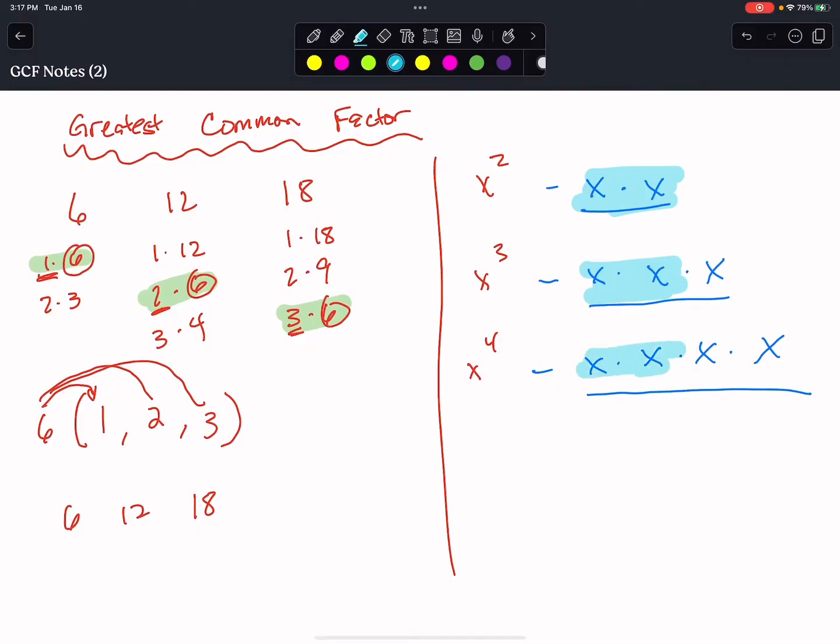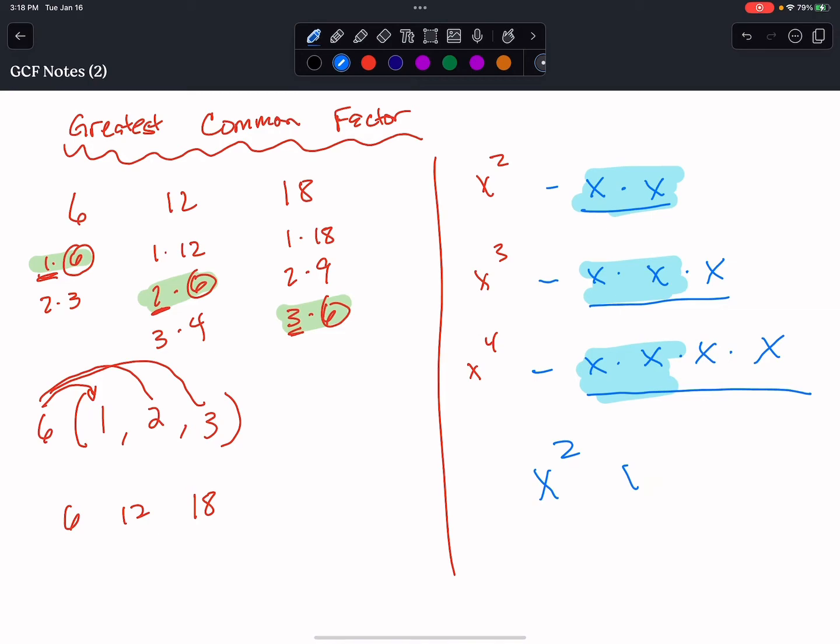Because if you try to do anything else, that wouldn't make sense, because a person with x squared couldn't put out 3 x's. So the greatest common factor will be x squared, because the person with 2 x's, that's the most that they can pull out.